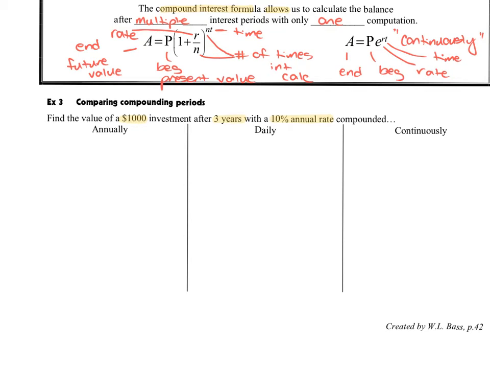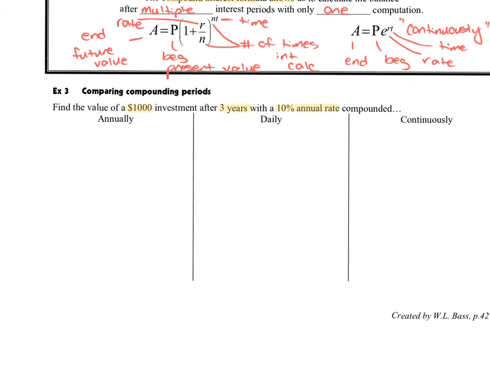So on our first one here, we're looking for A. And I'm investing $1,000. And just plugging into my formula, so I'm going to have 1 plus my rate is 10%.